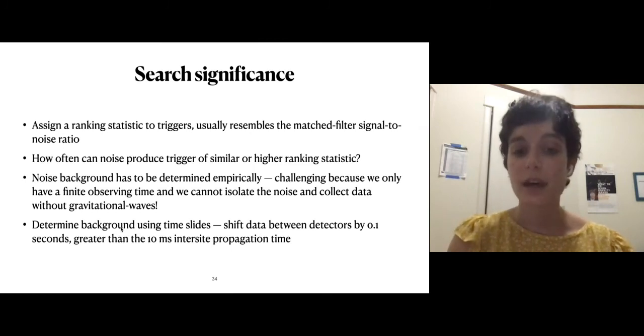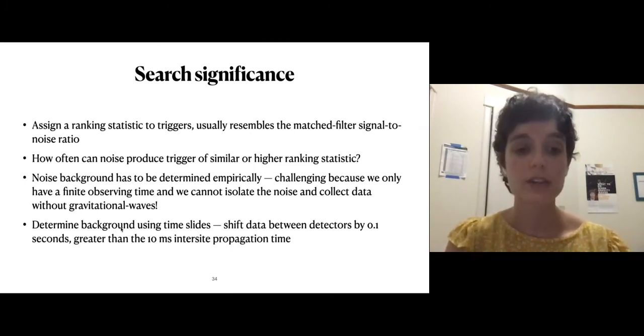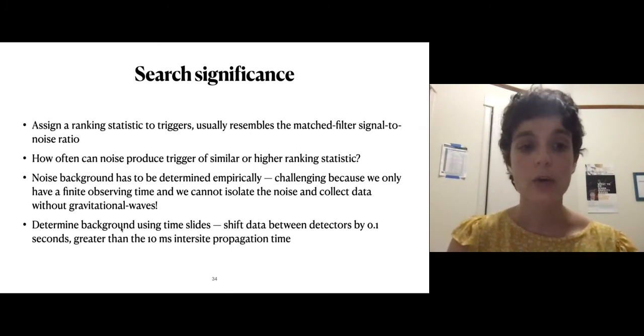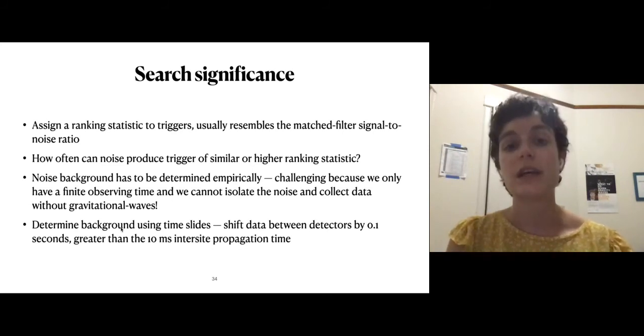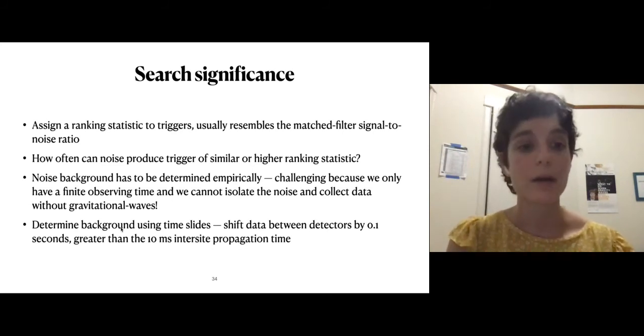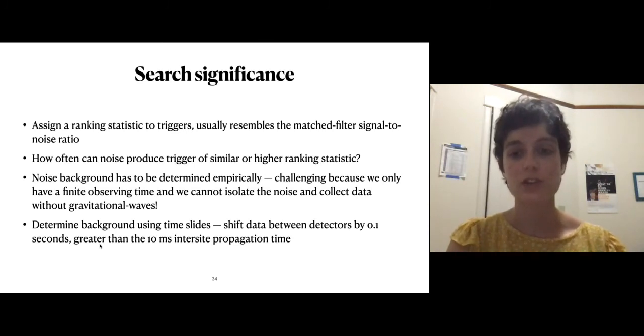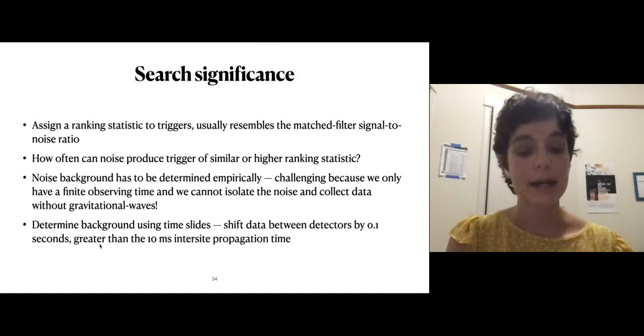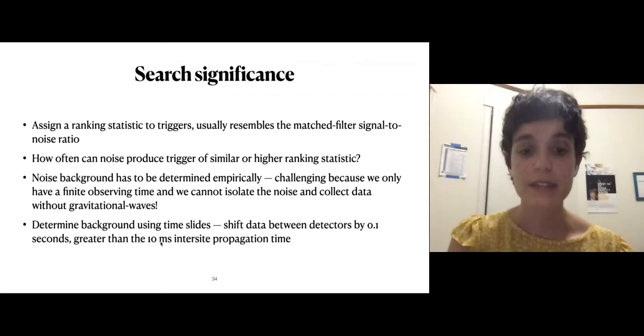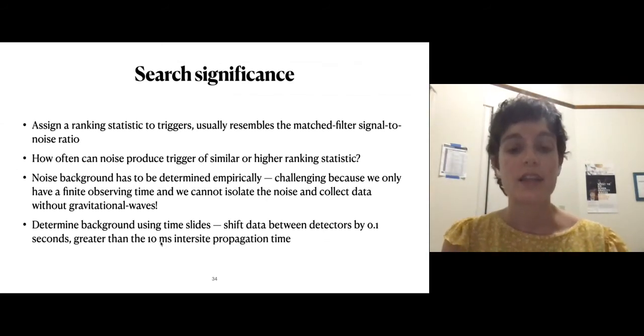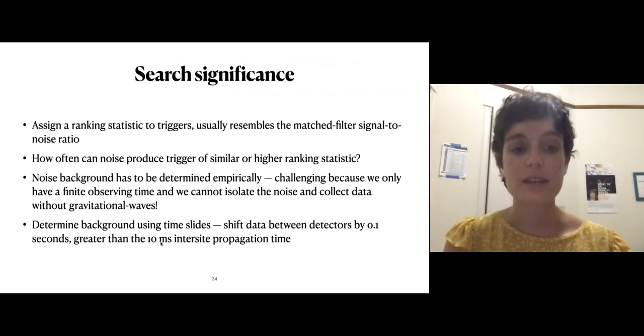So the data between two detectors, for example, LIGO Hanford and LIGO Livingston, is shifted by 0.1 seconds, which is greater than the 10 millisecond intersite propagation time. So as long as you shift the data by more than 10 milliseconds, you know that there are no coincident gravitational wave signals in your data.